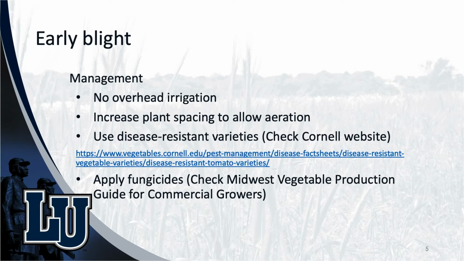So how do you manage early blight? First of all, in one of the previous presentations, particularly about the bacterial disease of tomato, in another room, the presenter mentioned that you need to care about three things: host, pathogen, and environment when you're looking at a disease.